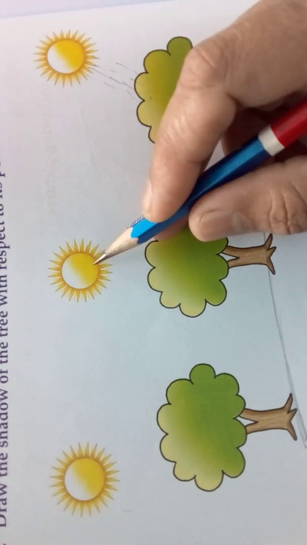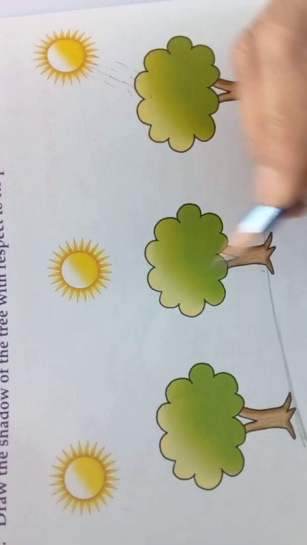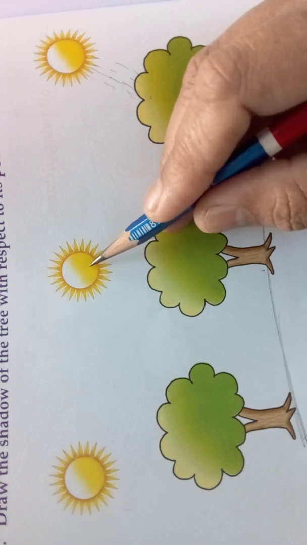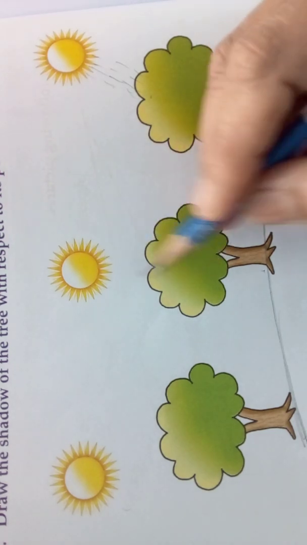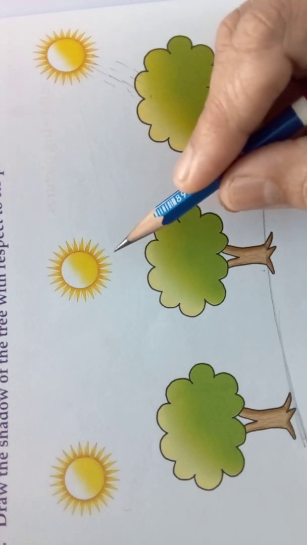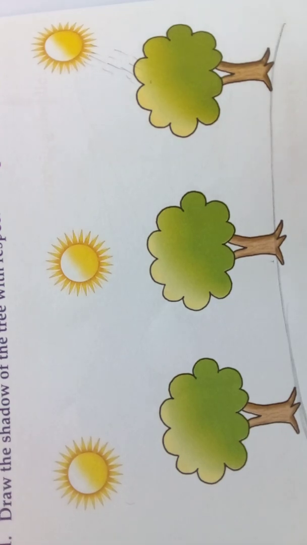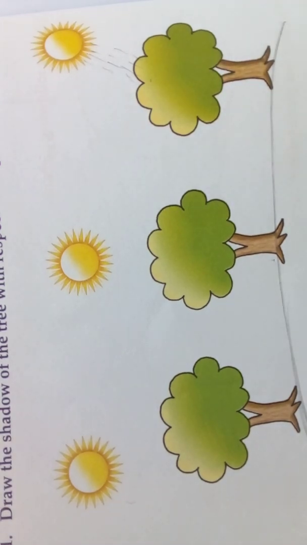In the midday, that means in the noon time, the sun will be directly above the earth, so that we are getting more heat. That is why it will be very hot in the midday.